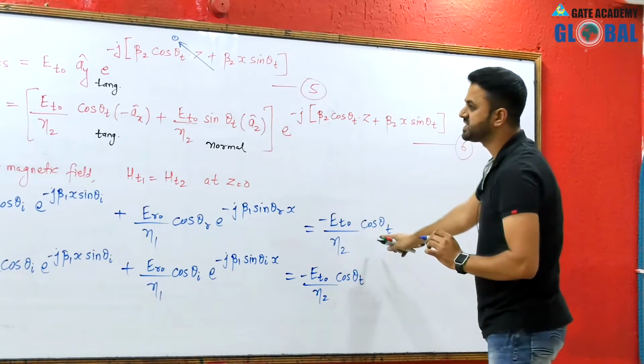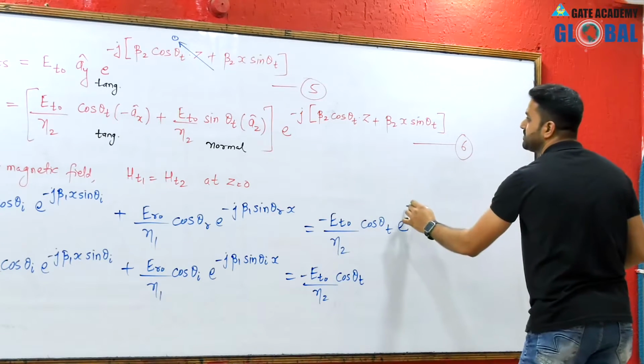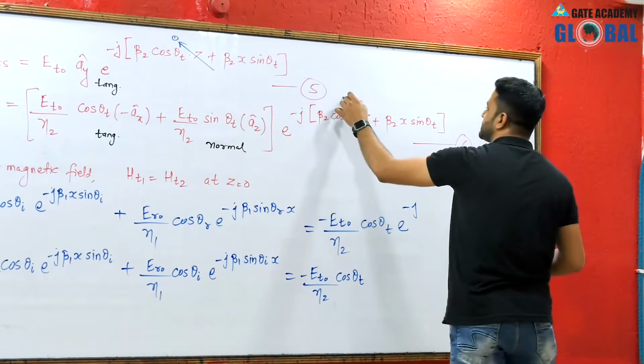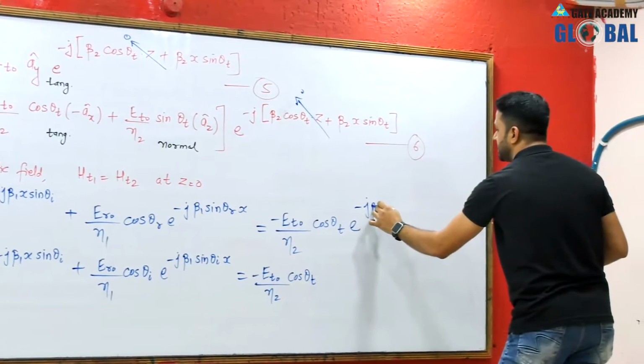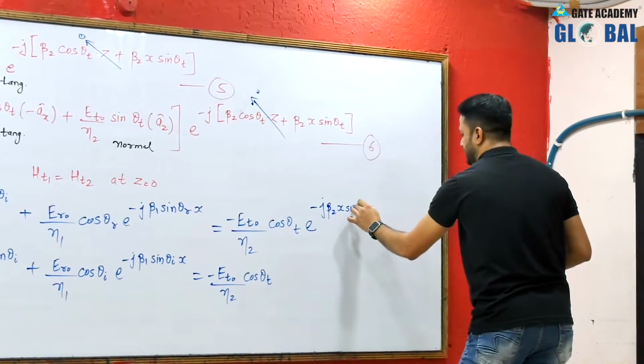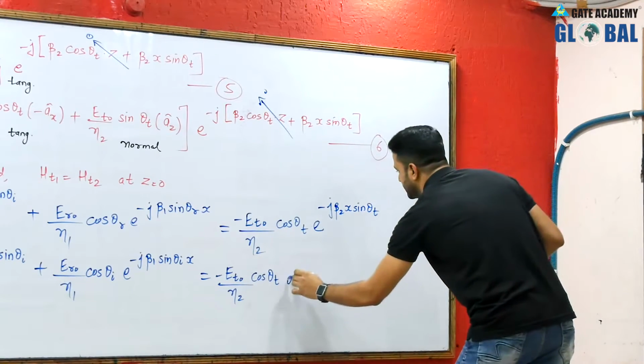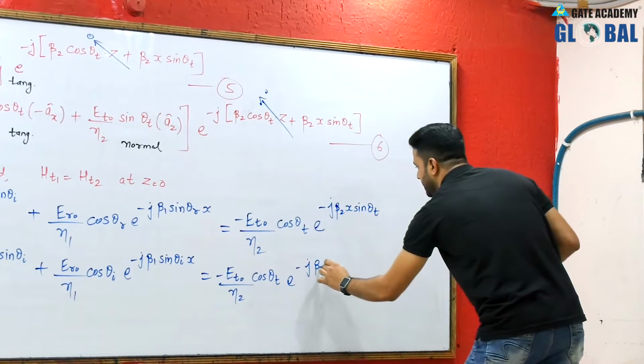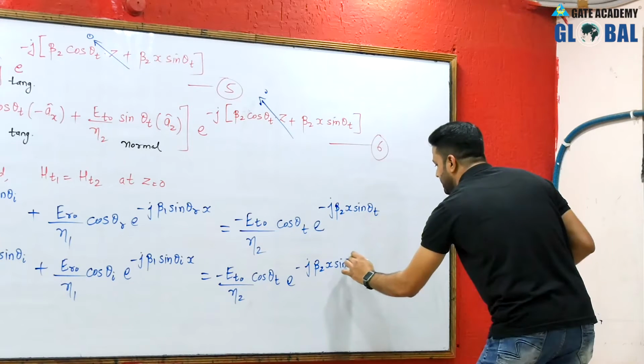And yes, the exponential term was also here. So this is e to the power minus j at z equal to 0, so this term is 0, e to the power minus j beta 2 x sin theta t is also there.